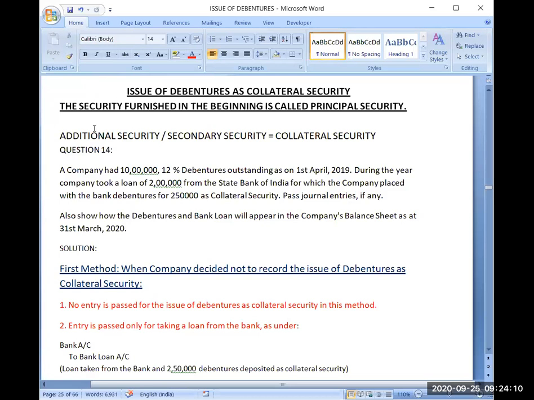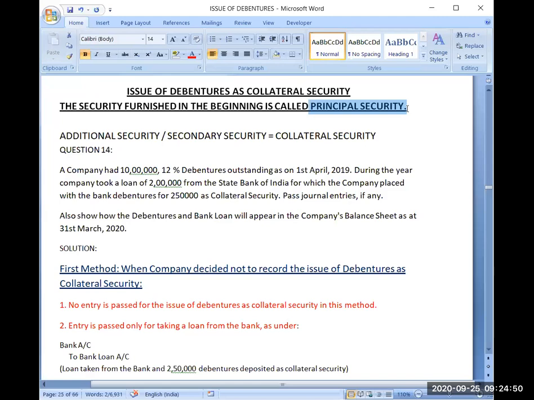So whatever assets you are giving as mortgage, that mortgage is covered in principal security. But sometimes if the bank or other lender is feeling that security is not sufficient, then we can give them additional security, that is also called collateral security. If somehow the borrower is not able to pay the money back, then first this principal security will be used to pay off the amount of loan.